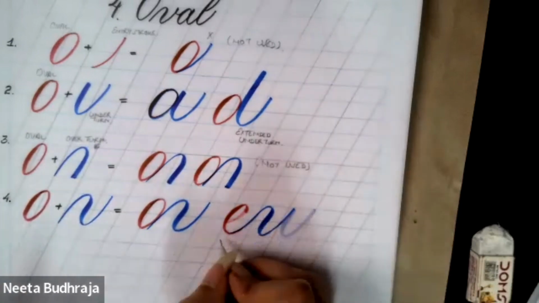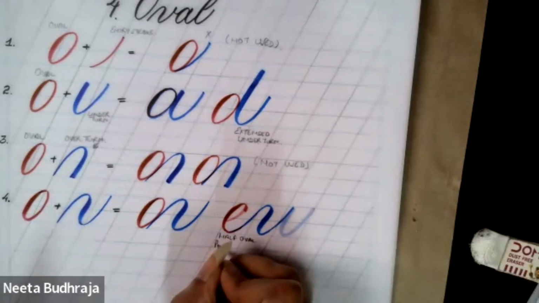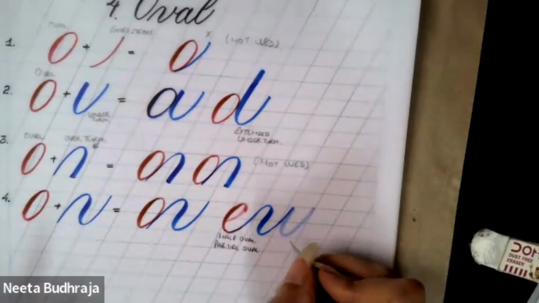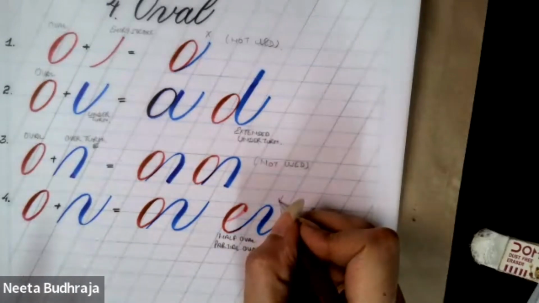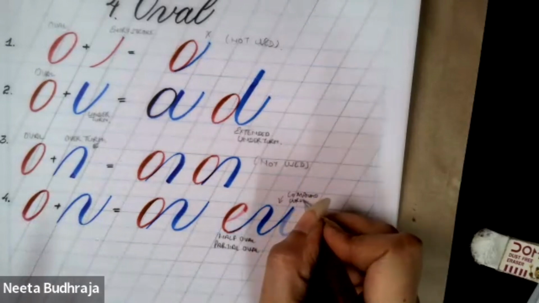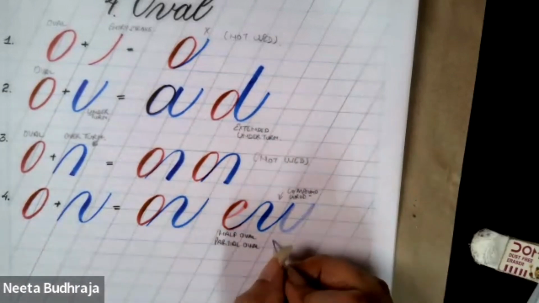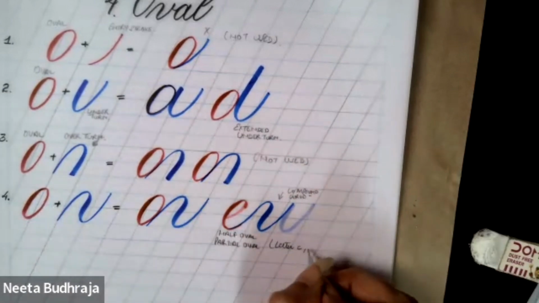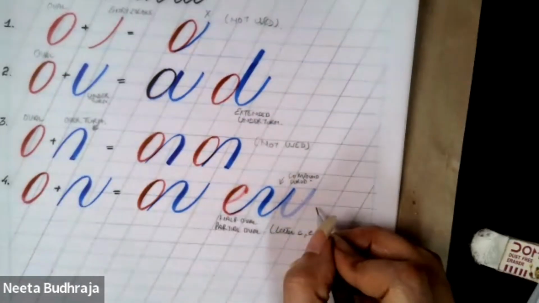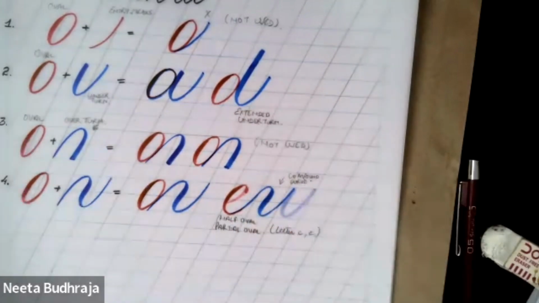So this is half oval or partial oval, and this is our compound curve. So here we can use it with our letter C or E. And this can be used to combine our letter U. This is a connecting stroke.